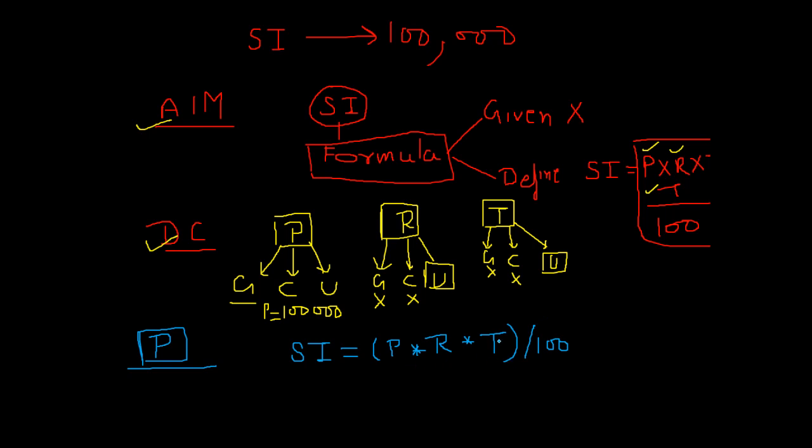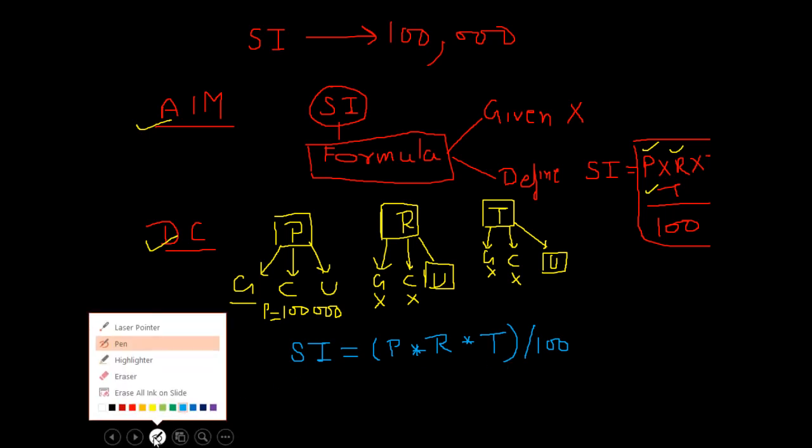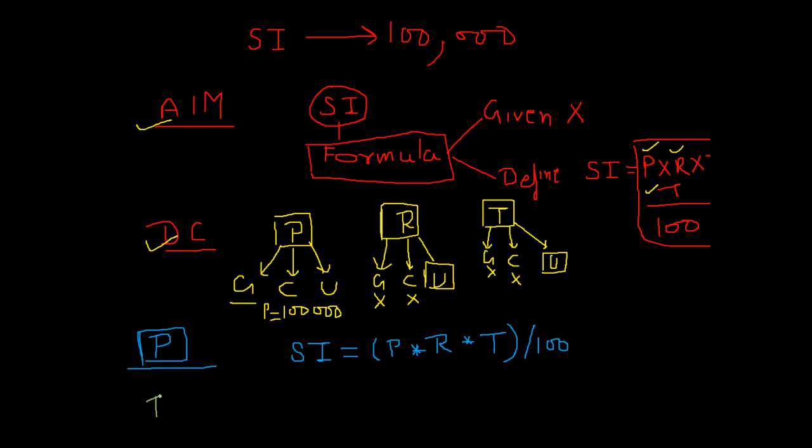Now once our expression is ready, we will give the result to the user. So our last step is to give the result, and in the result we have to show the value of SI to the user. So this is the logic building which I have developed for that question.